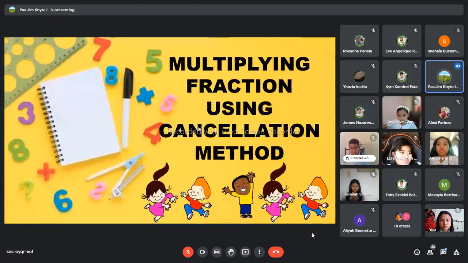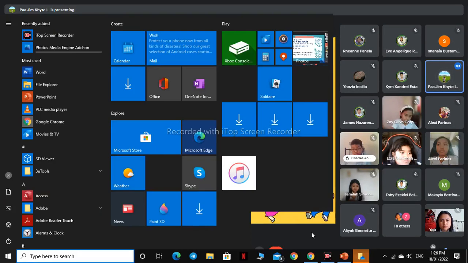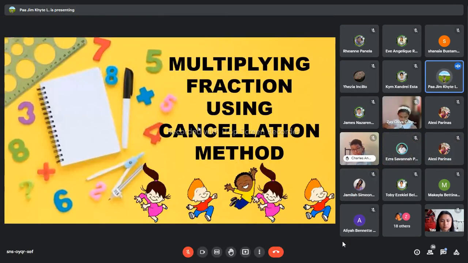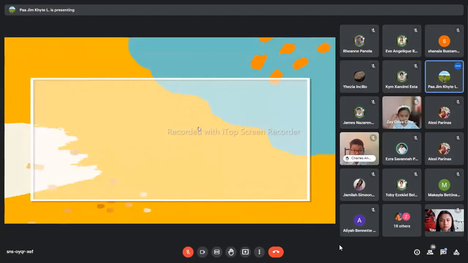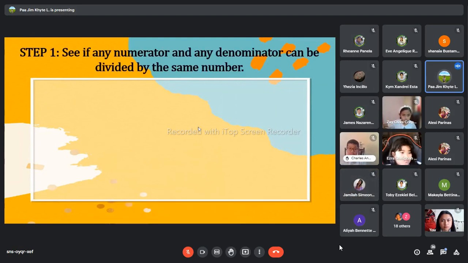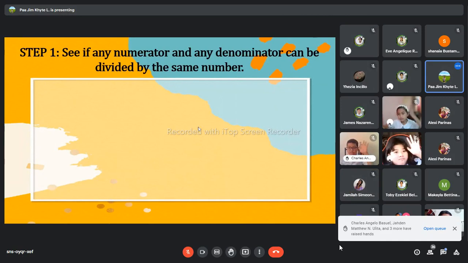Now let's take a look on multiplying fraction using the cancellation method. There are steps in multiplying cancellation method. Kindly read the first step. Anyone?